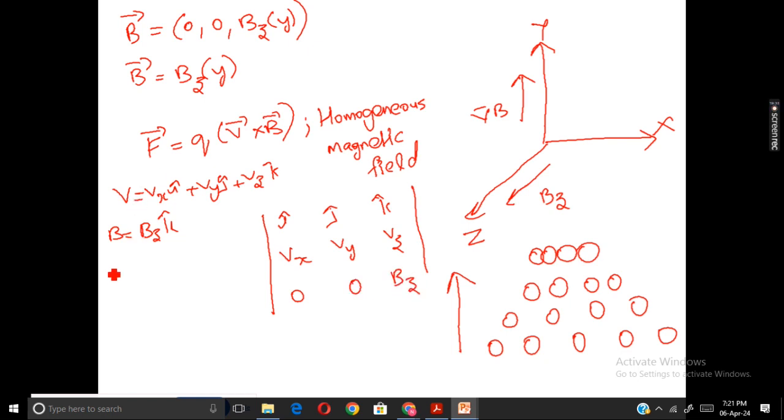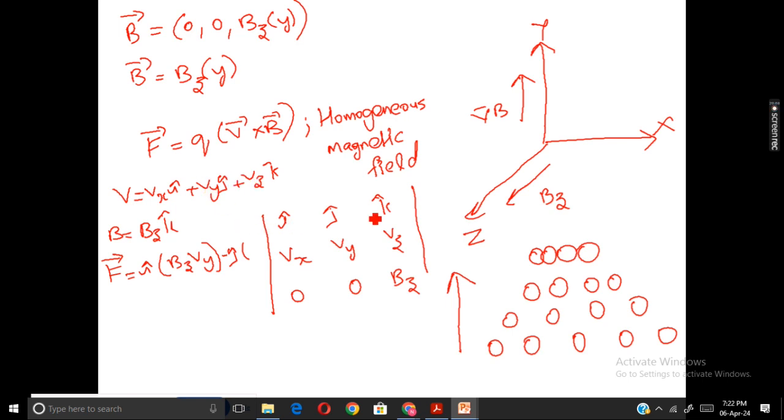If we take the cross product, then F will be i into Vy Bz minus j. Along the i direction it will be Vy into Bz minus Vz into 0, which is Vy into Bz itself, and along the j direction, or y direction, it will be Vx into Bz, and the other component will be 0.